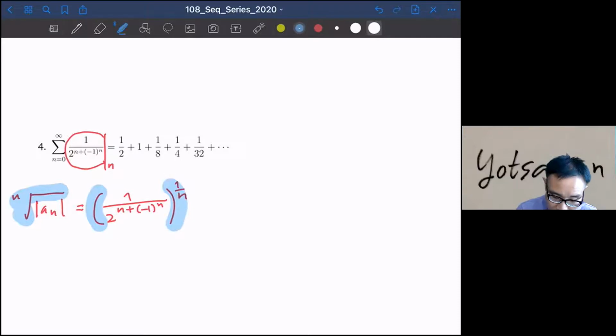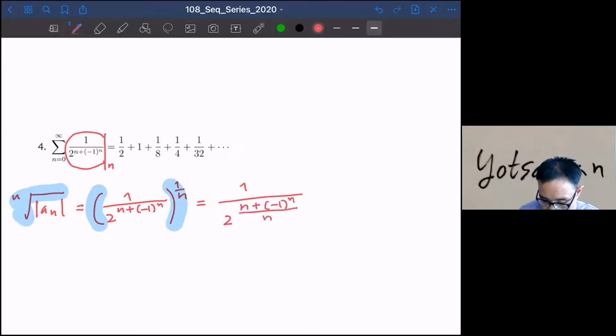And you see that the algebra that we can play is going to be very simple. It's going to be 1 over 2 to the n plus negative 1 to the n, everything over n. And this will be 1 over 2 to the 1 plus negative 1 to the n over n. So you have this number.